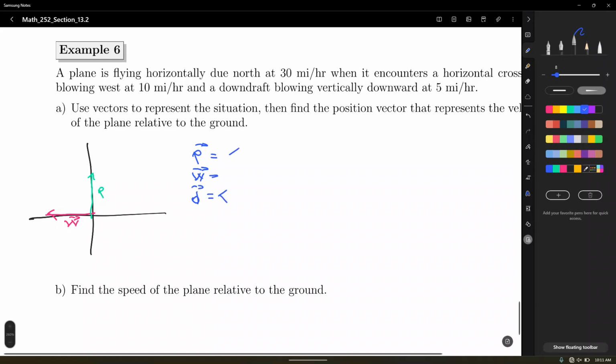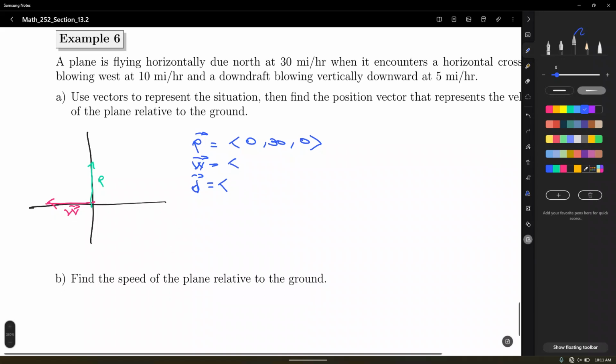Let's represent this using vectors. Notice in this case, it's 0 in the x direction, 30 in the y direction, and 0 in the z direction. The wind, which is blowing to the west, means, careful, it's -10 in the x direction. So here, direction tells us the sign of the component. And 0, 0.